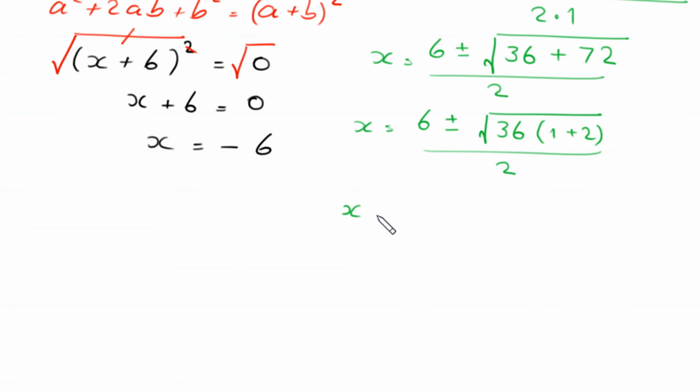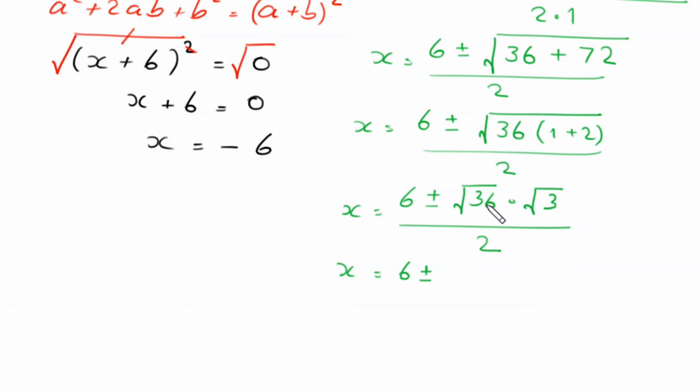Next, x is equal to 6 plus minus, this root of 36 times (1 plus 2) can be written as root 36 times root 3, divided by 2. And x is equal to 6 plus minus, square root of 36 is 6, times root 3, divided by 2. And 2 ones are 2, 3 twos are 6, 3 twos are 6, which cancels with the 2.